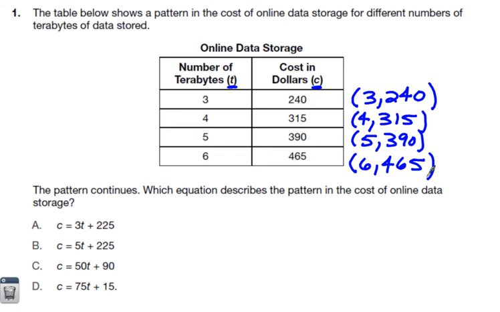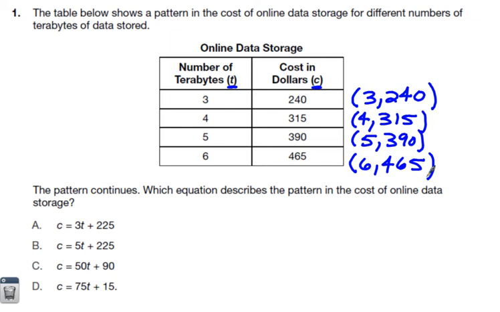How many points do you need to know in order to construct an equation of your line? The answer is 2. They gave you 4, more than enough ordered pairs to make an equation of a line. So let's do it that way.